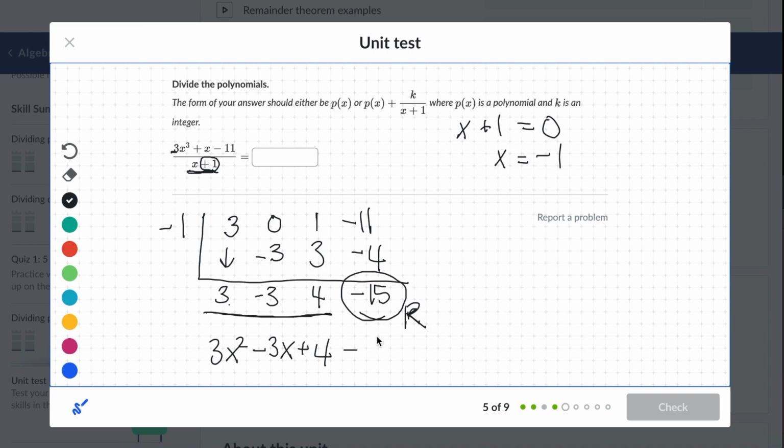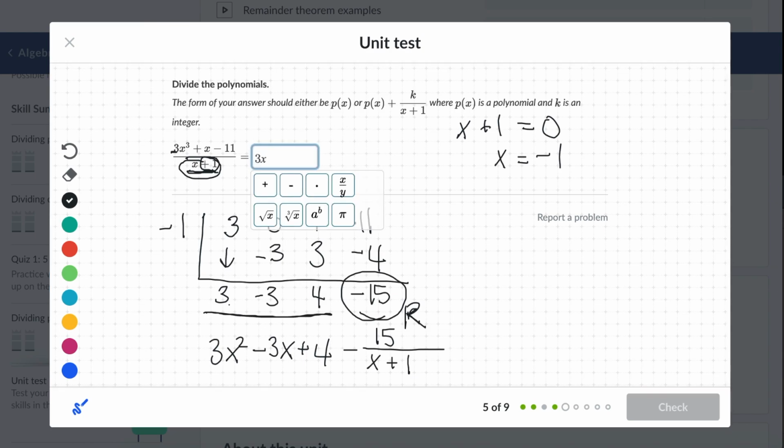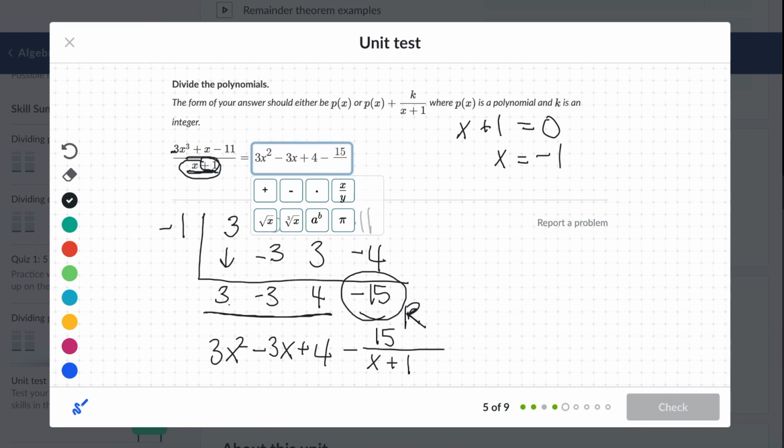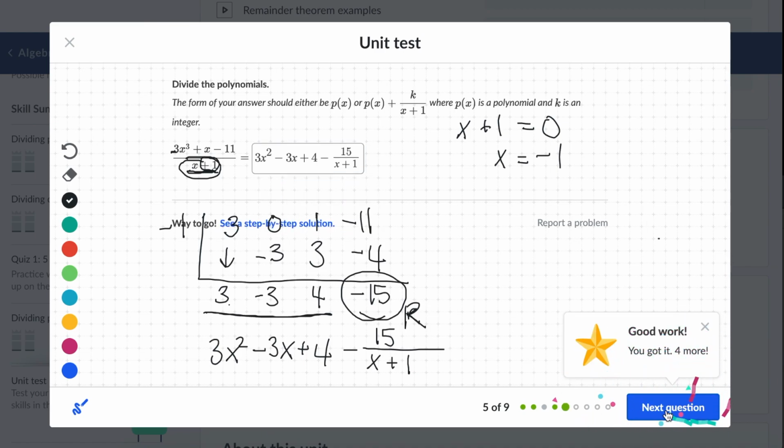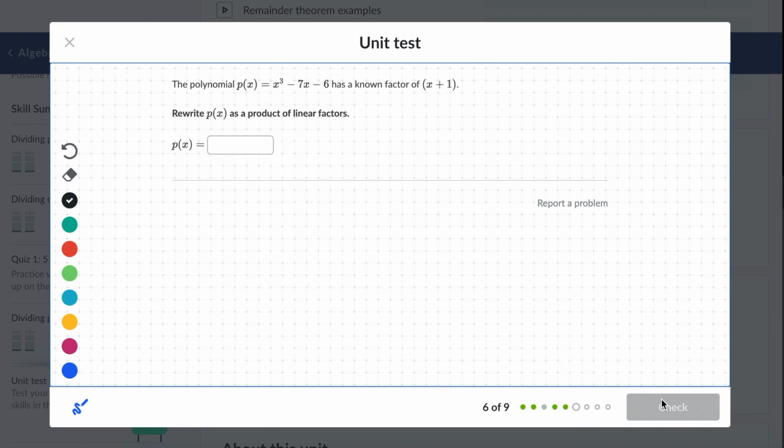And let's add our remainder. It's the same deal where the number is on the top, and then this is on the bottom. I don't remember the technical terms anymore. I don't remember which is the divisor and which one's, I forget what the other one's even called. Dividend? Let's check. And we got the right answer.